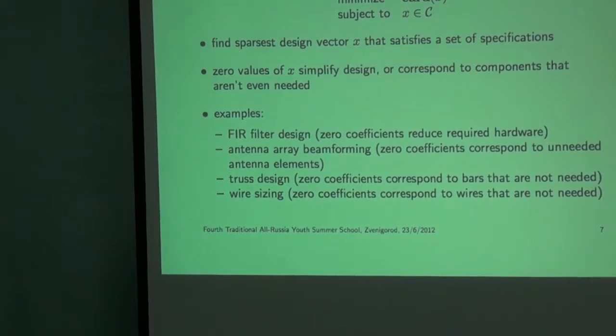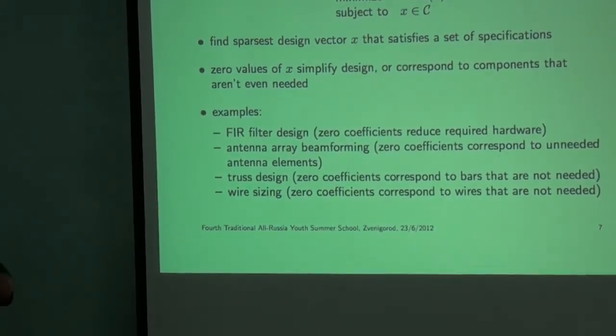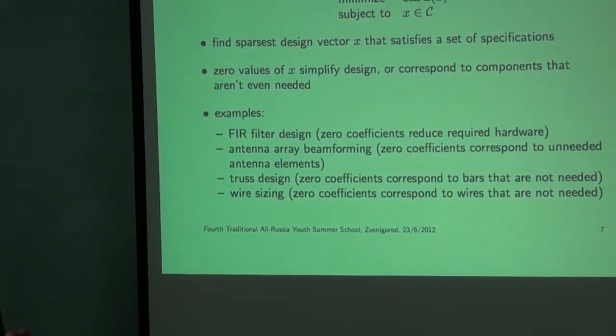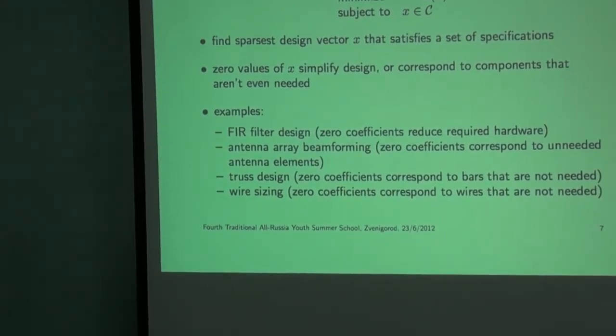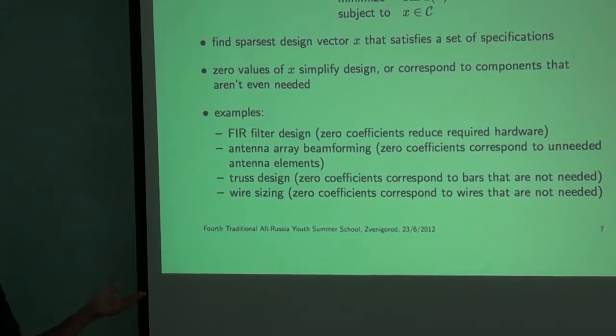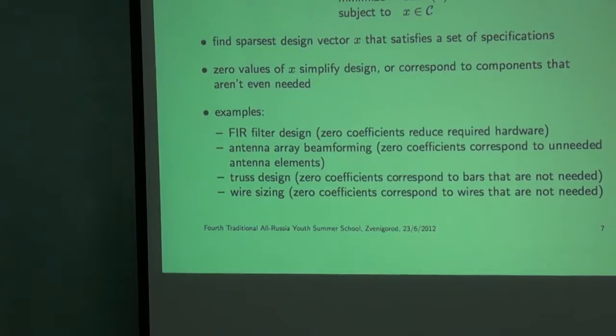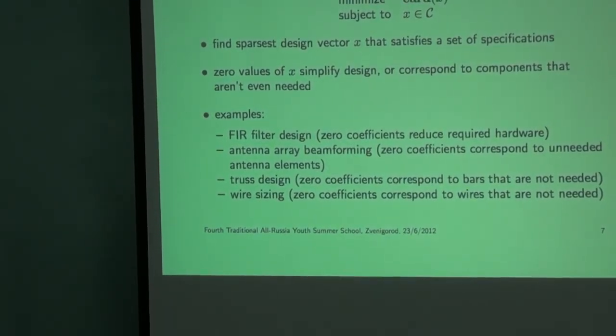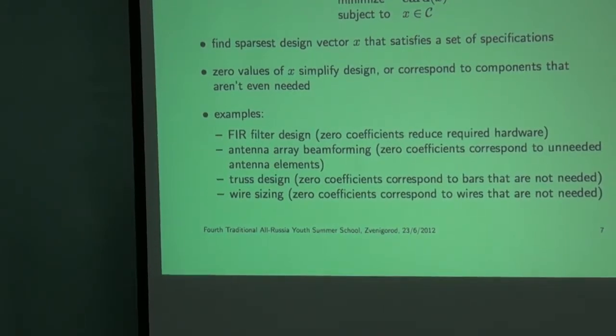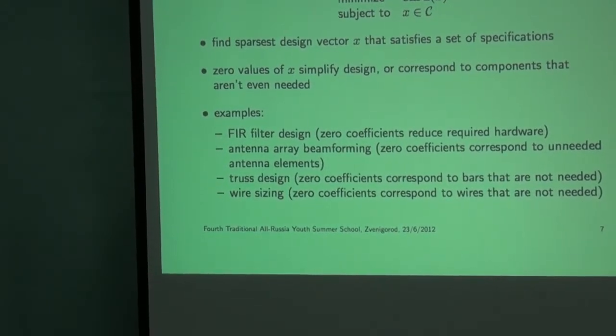So what you do is you take a bunch of nodes and you have way more bars than you intend to implement. A million bars would be very common. You solve one of these problems, maybe approximately, and the hope is you get something like 125 non-zero bars, and you just designed the topology of your structure, right? So this is the idea.